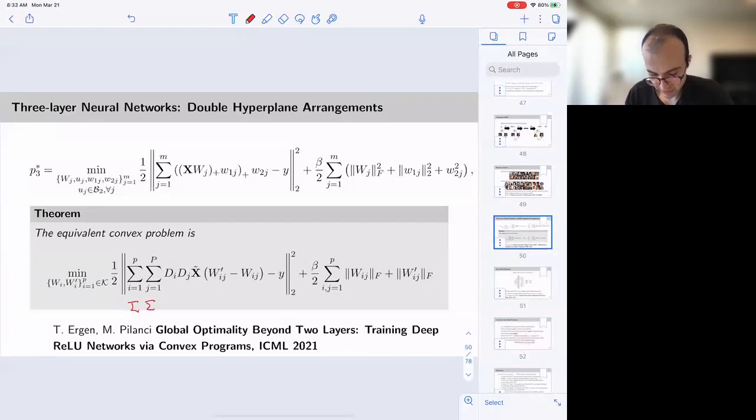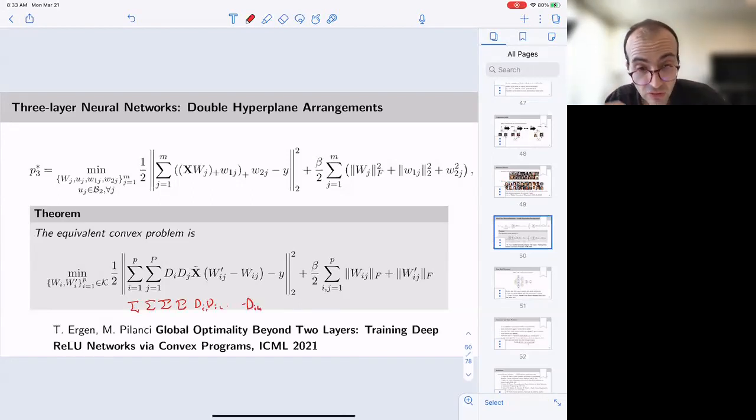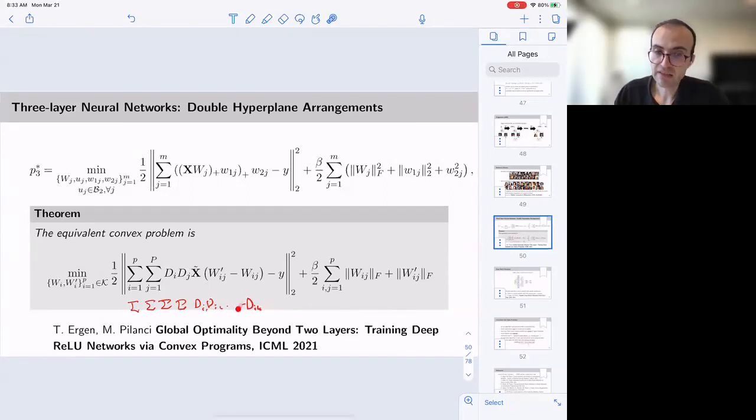If you have K layers, it will have K summations, and then it will have D_i1, D_i2, up to D_iK. Theoretically, you have to enumerate all of these diagonal matrices. In practice, you can sample randomly, but again the problem is you will have lots of variables. Although the solution will be sparse, it is challenging for convex optimizers to solve this problem.